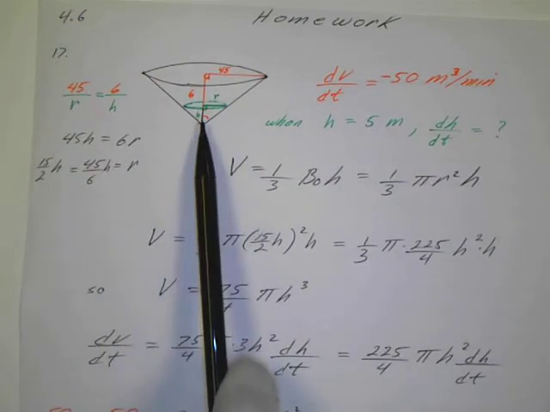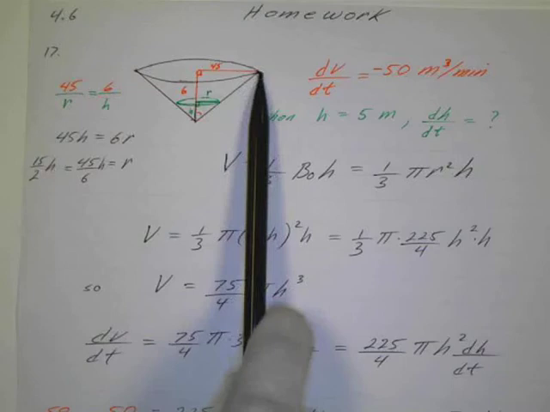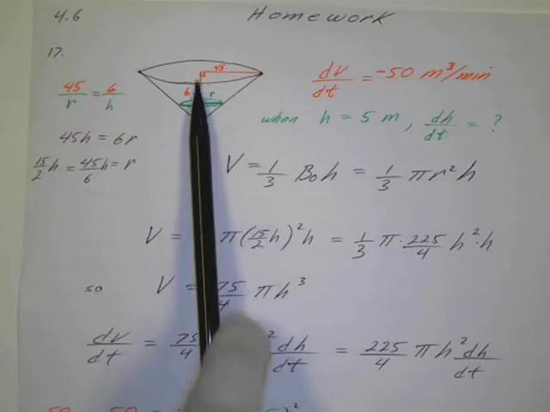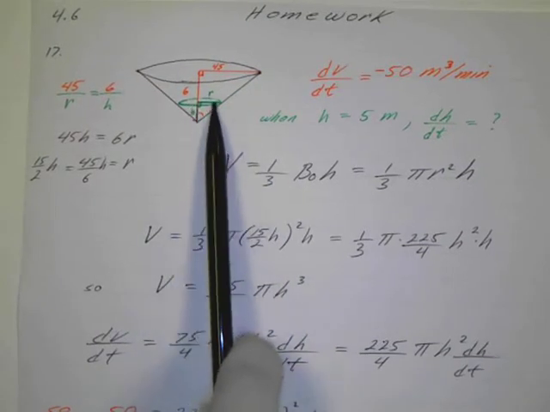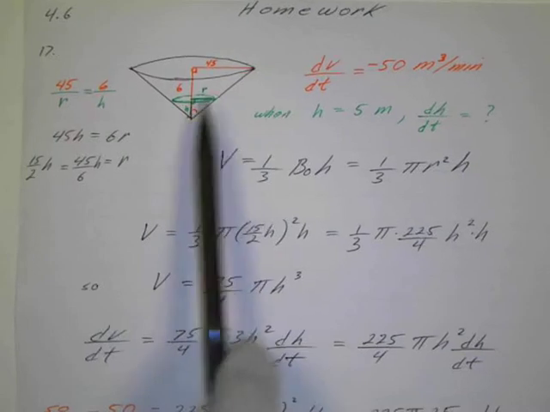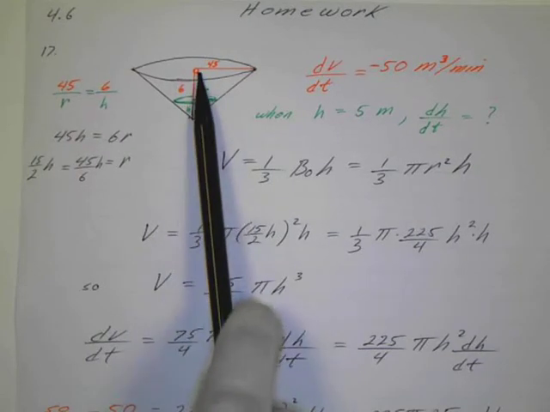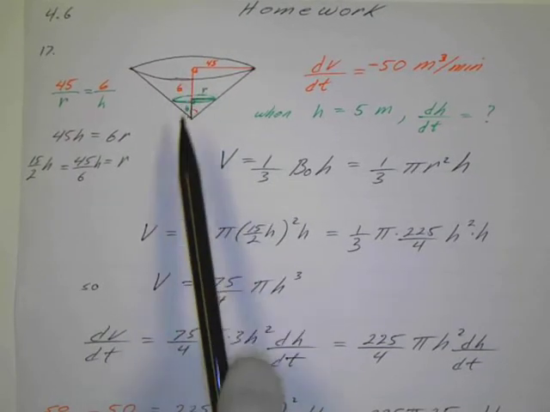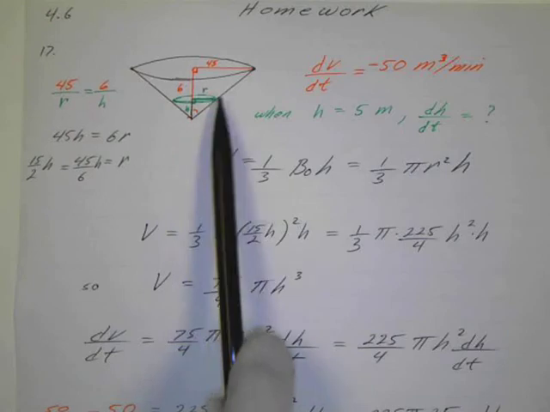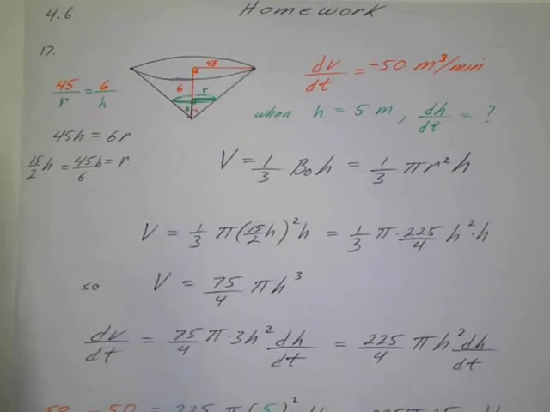In other words, this right triangle is the radius and the height, and this smaller one, in green, is the same thing. So these two triangles are similar by angle. They're both right angles and share this common angle. So by angle, the little triangle is similar to the large triangle.